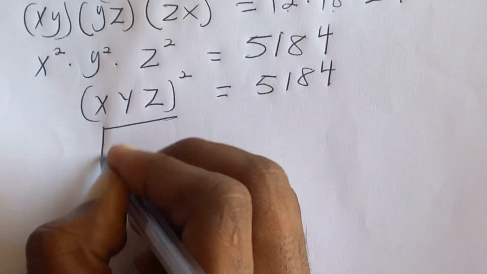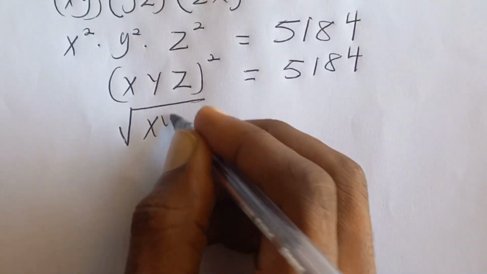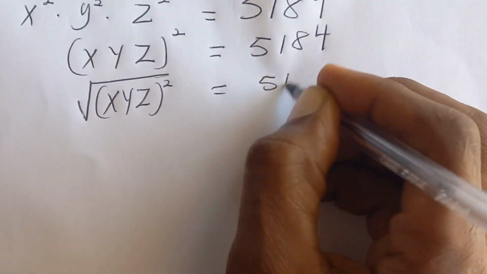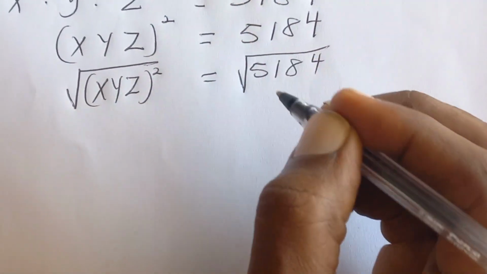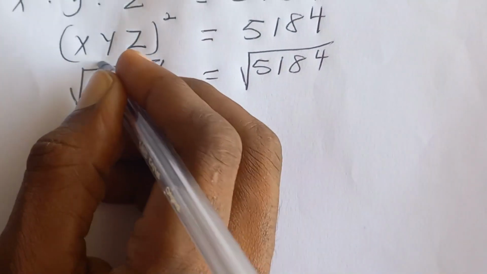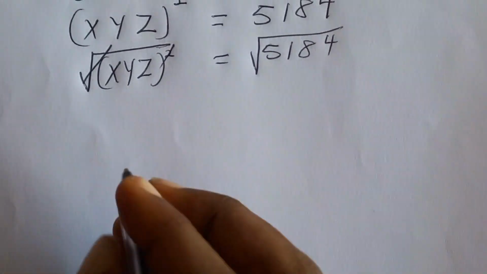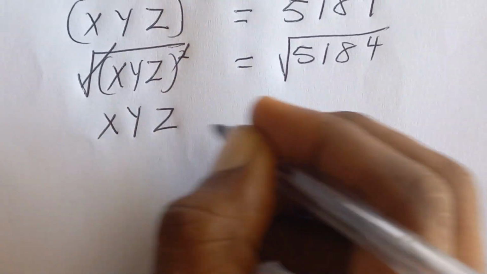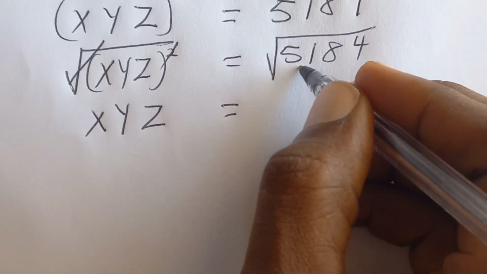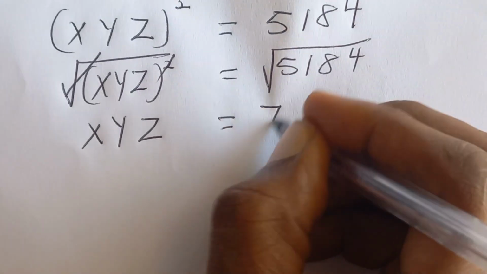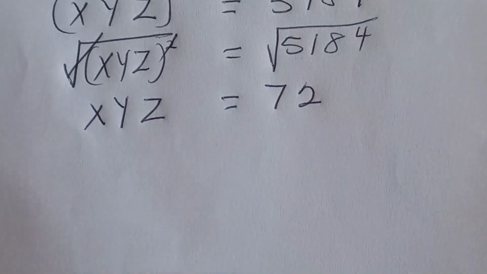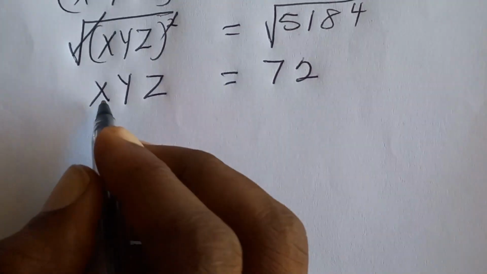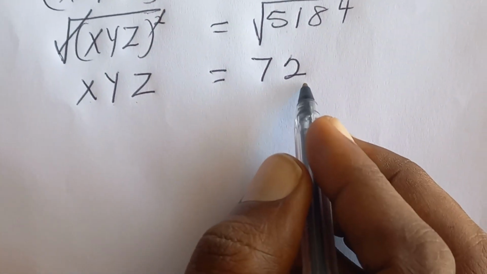Taking the square root on both sides, we get xyz, all squared, equal to 5,184 all squared. The square cancels the root here, leaving xyz equal to the square root of 5,184, which is 72. So our xyz is equal to 72.